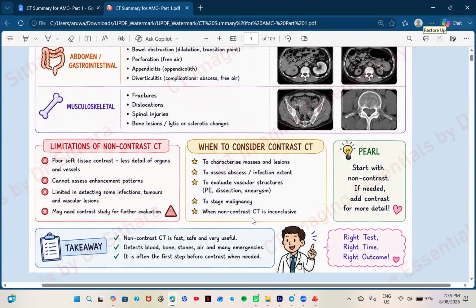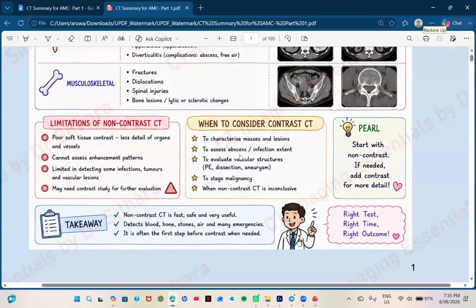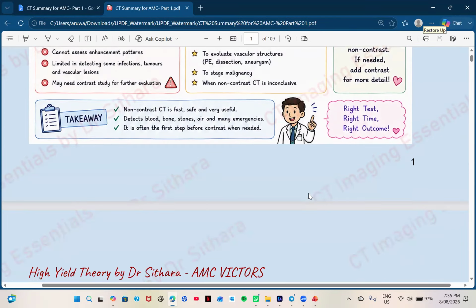When non-contrast CT is inconclusive, in those cases we are going with the contrast CT, right? That is very important.